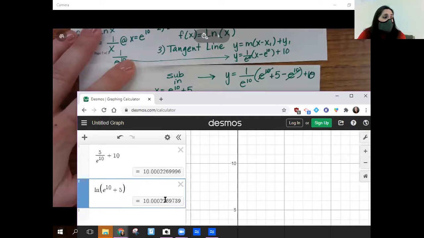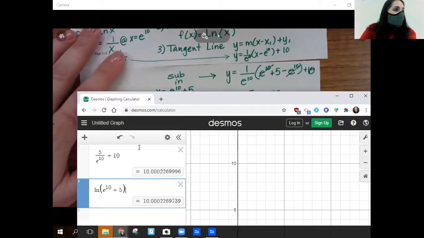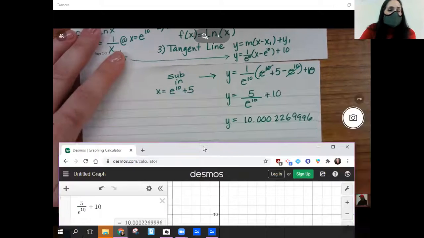The tangent line and the actual are like, let's see, 1, 2, 3, 4, 5, 6, 7. That's like 10 millionths, some crazy amount of accuracy there. So it would be tens, hundreds, thousands, ten thousands, hundred thousands, millions. Yeah, 10 millionths accuracy. So not too bad for a little derivative and a little Taylor form. Not too bad. Okay. Any questions so far?